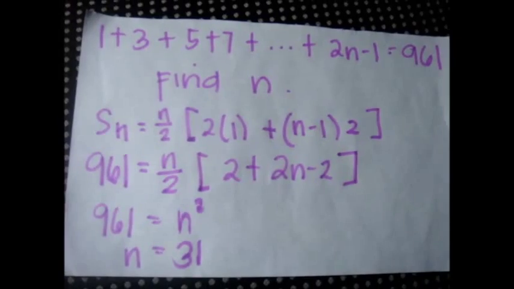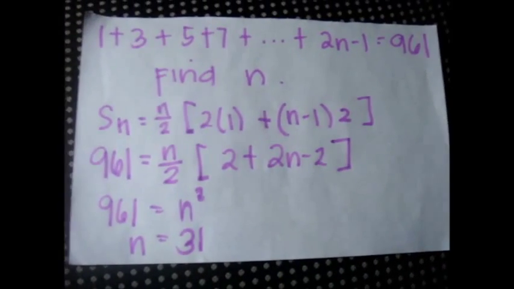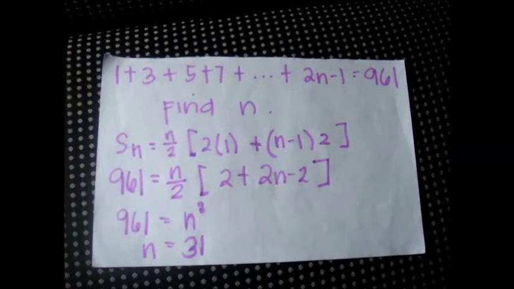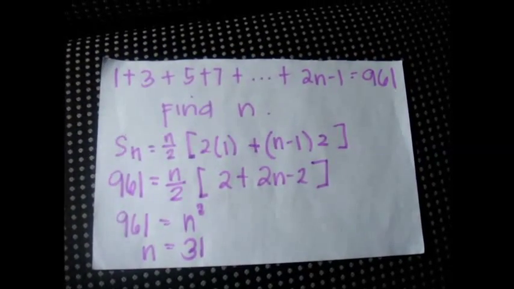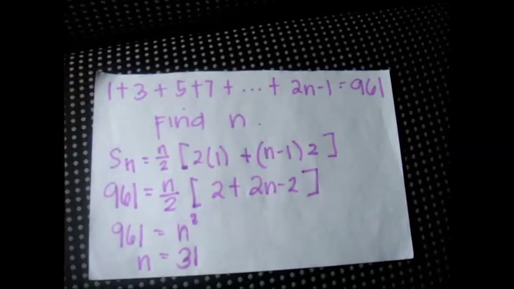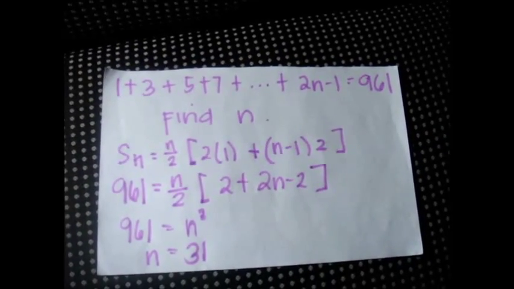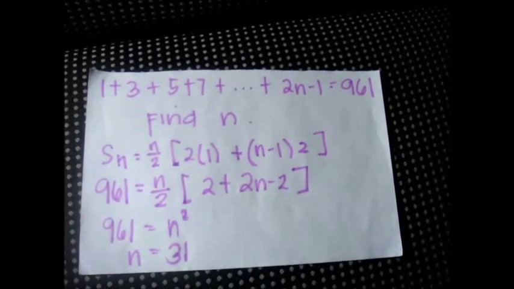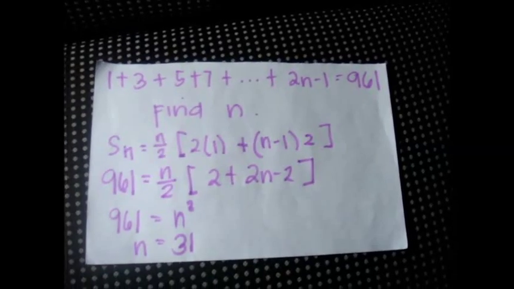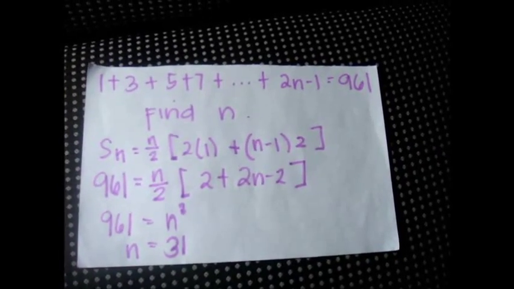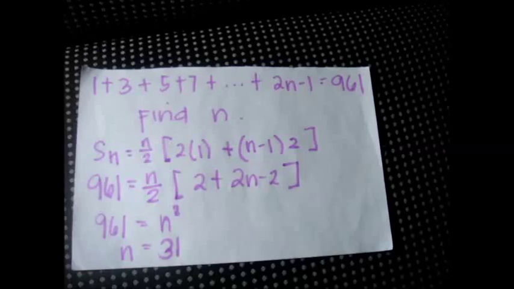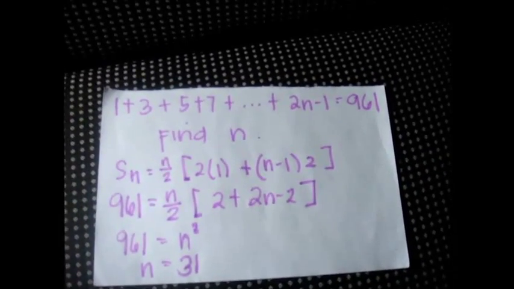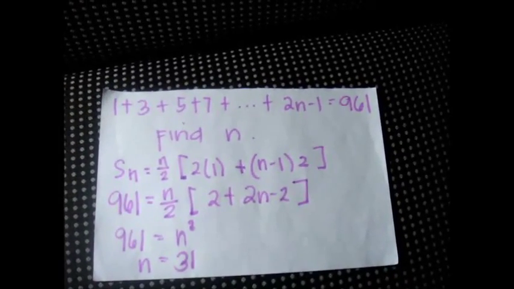Getting the square roots of both sides, we will get n is equal to 31. Therefore, there are 31 terms in the arithmetic series, and the last term will be 31 times 2 minus 1, which is equal to 61. Therefore, if you add 1 plus 3 plus 5 plus 7 up to 61, we will get a sum of 961.